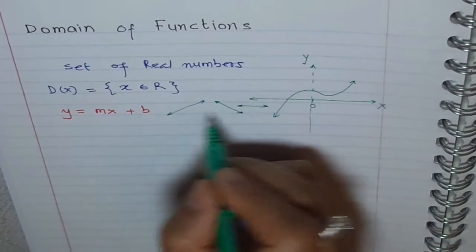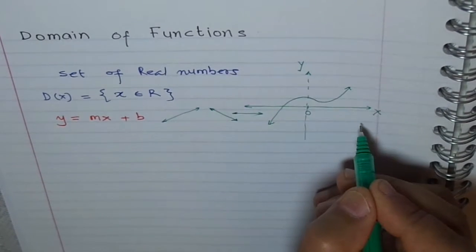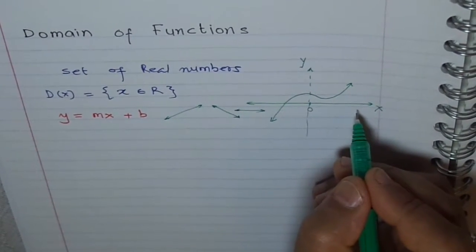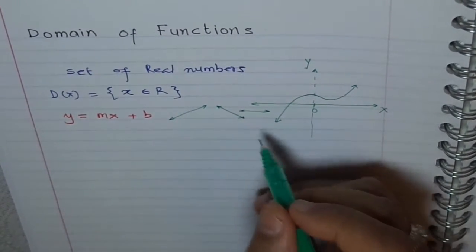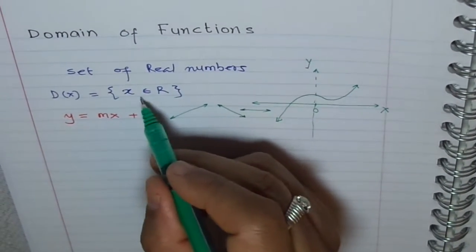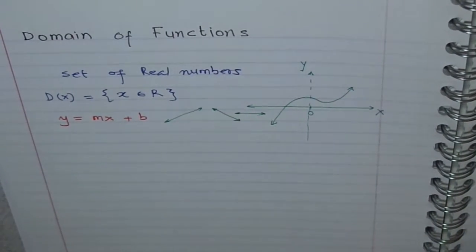Is that right? In all three cases, if I draw a line here in any direction, they all are continuous, right? There is no discontinuity involved. They extend from minus infinity to plus infinity, and therefore the domain of these lines is the set of real numbers. X belongs to R, correct? Now let's take some more examples.